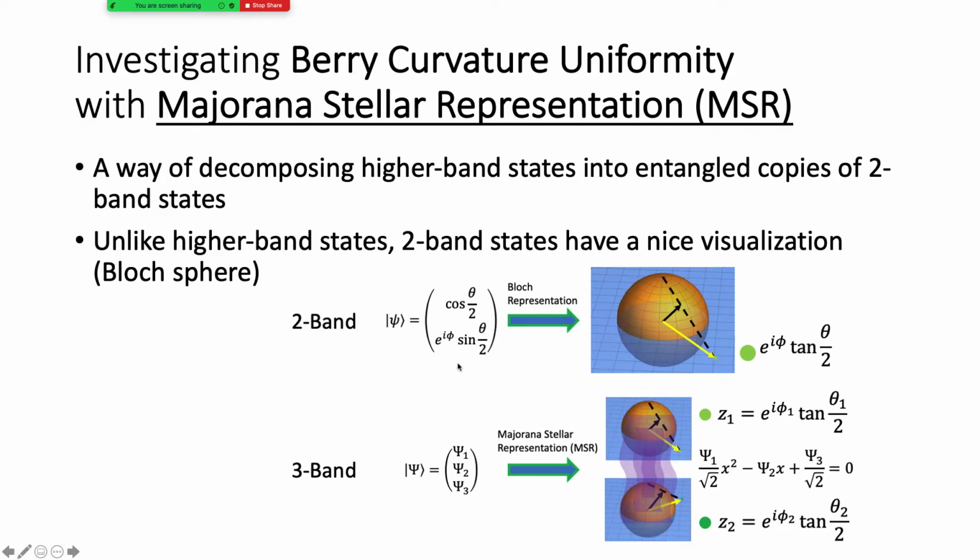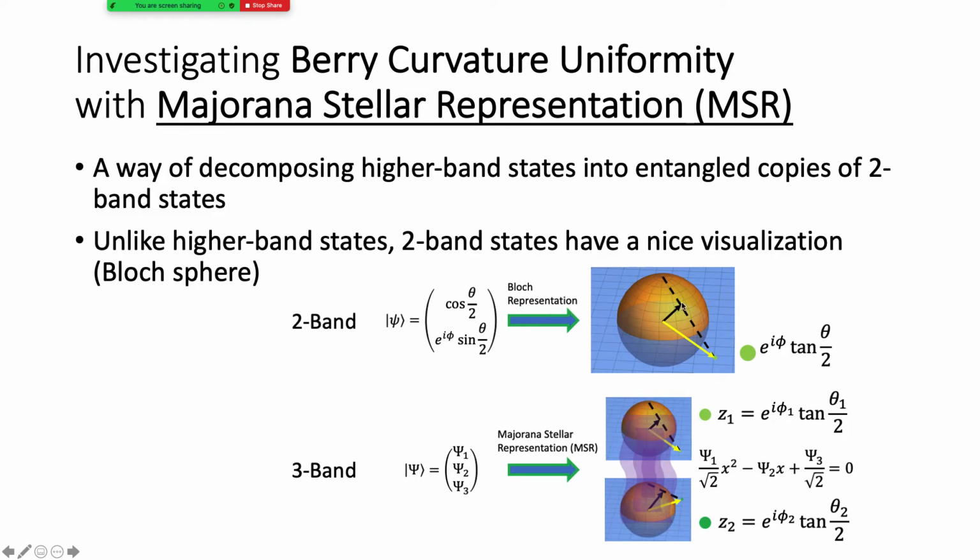One question we can ask is, if that kind of geometrical picture exists for two-band models for spin half particles, then what is the use of it? Why is this Bloch representation useful? It's because if we calculate the Berry curvature for the electron, it turns out to be simply the solid angle, or the area on this sphere.